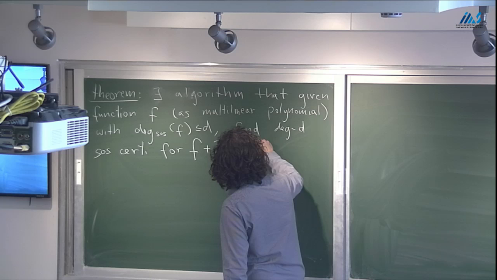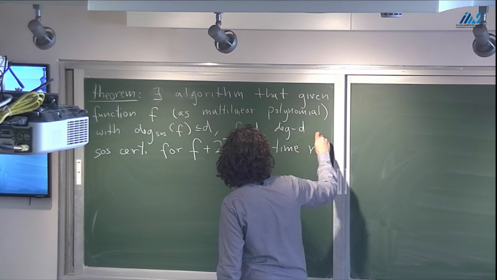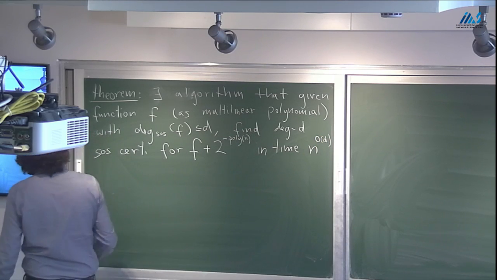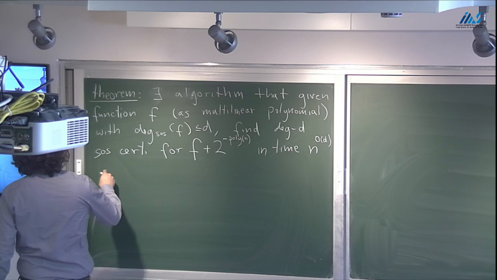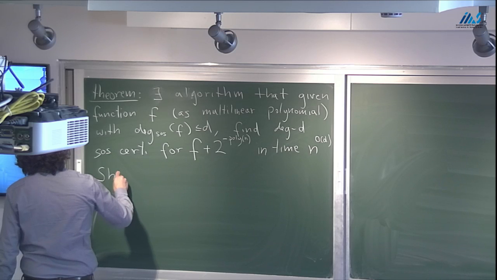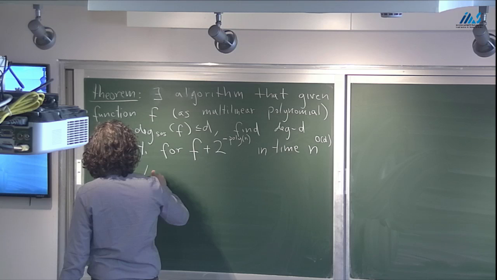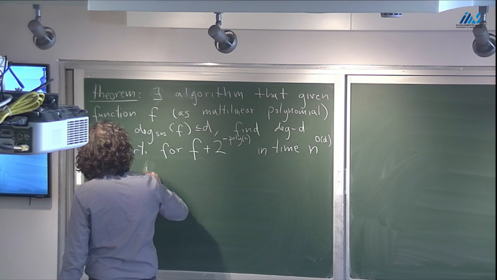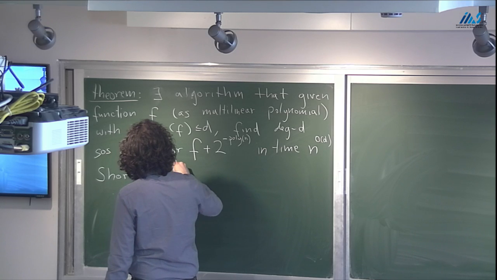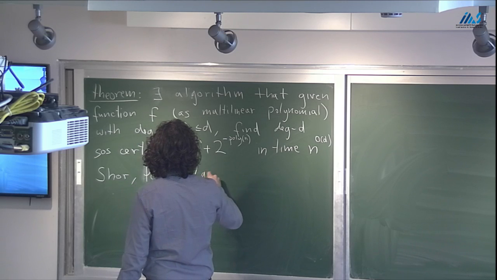And the running time is n to the order d. And this algorithm has a sort of long history. In a certain sense, it started with some work by Shor. Then in a slightly more comprehensive way, it was explained by Parrilo and Lasserre.